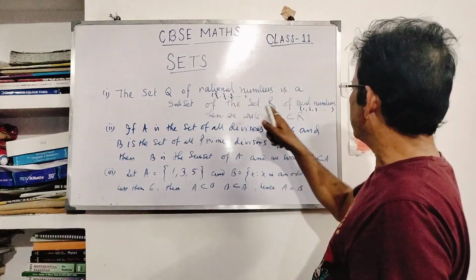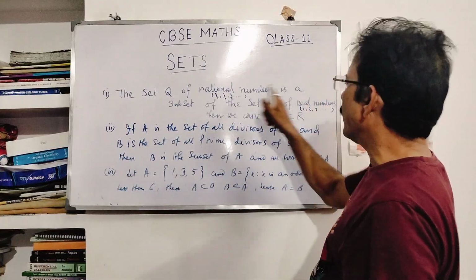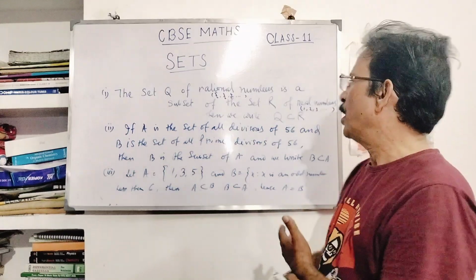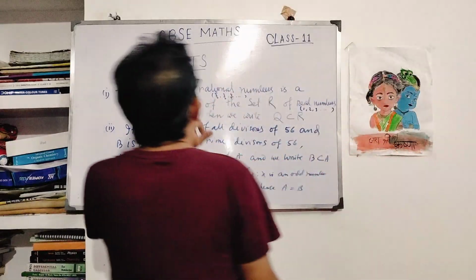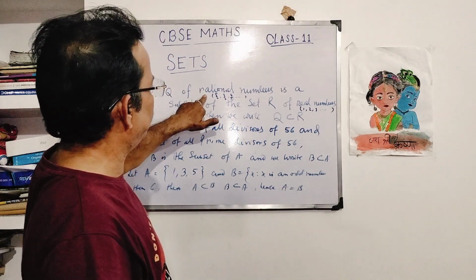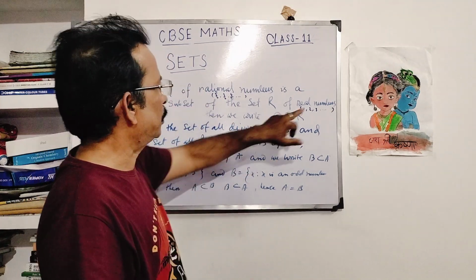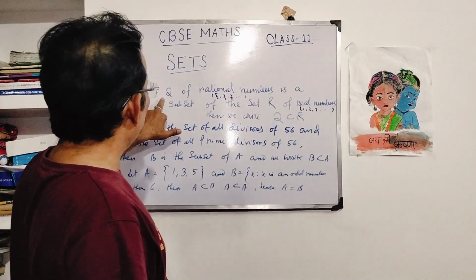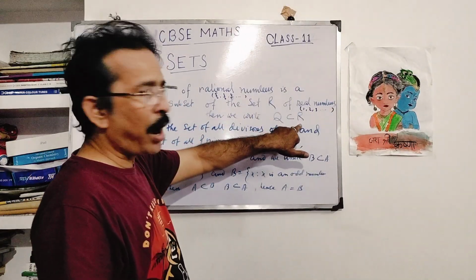All rational numbers are also real numbers. So Q is a subset of R.